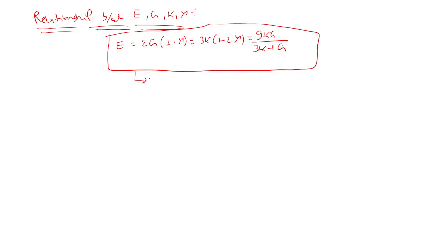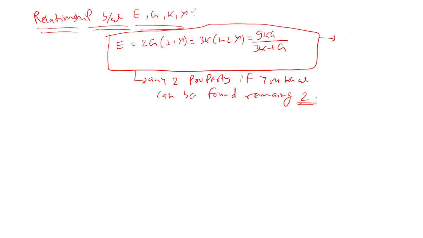So if you know any two properties, the remaining two can be found, right? But these formulas are valid only for isotropic material.